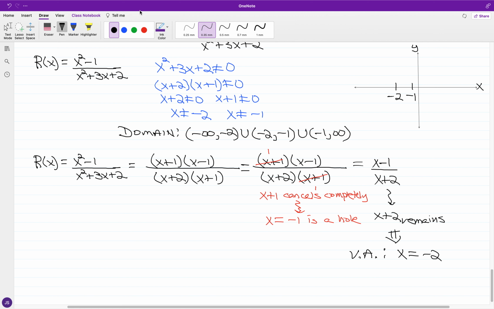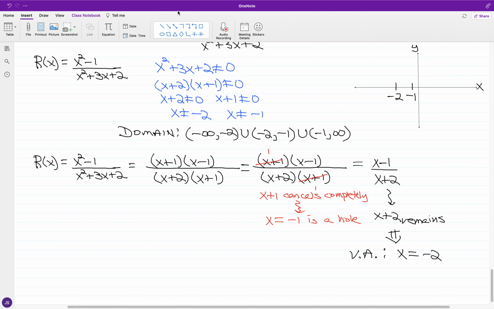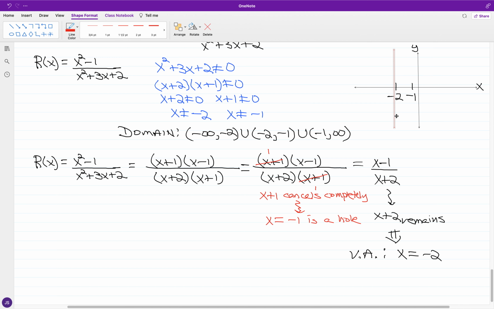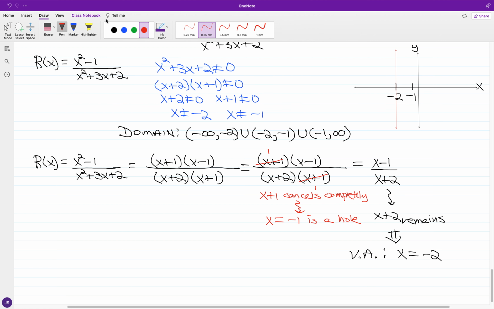There's a vertical asymptote at x equal to negative 2, and this is going to split up the graph of our rational function.